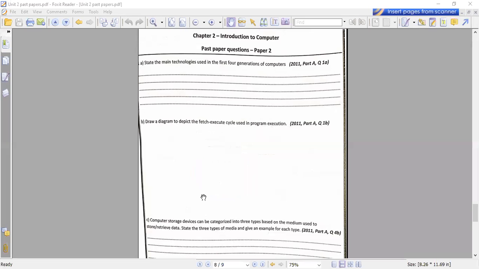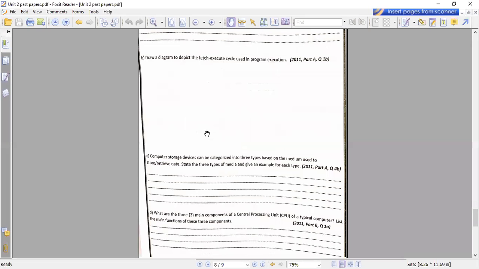Computer storage devices can be categorized into 3 types based on the medium used to store and retrieve data. Here you can write magnetic media, with examples like hard disk and floppy disk.